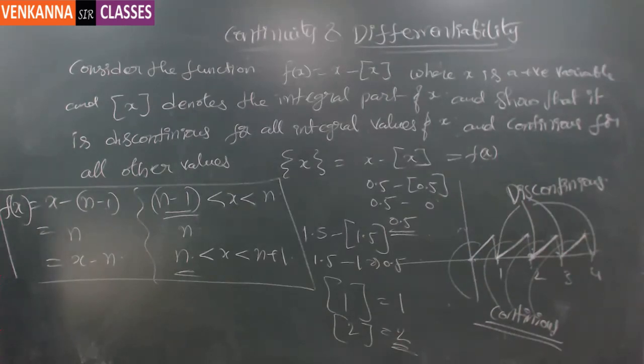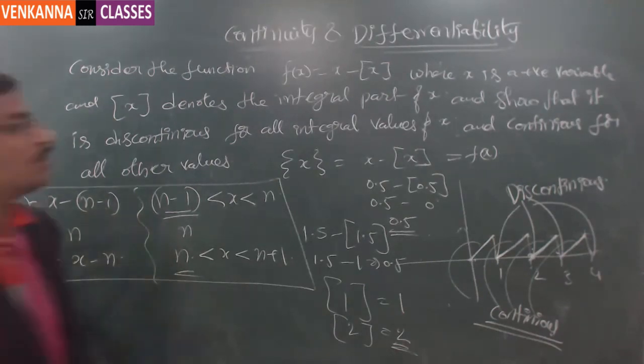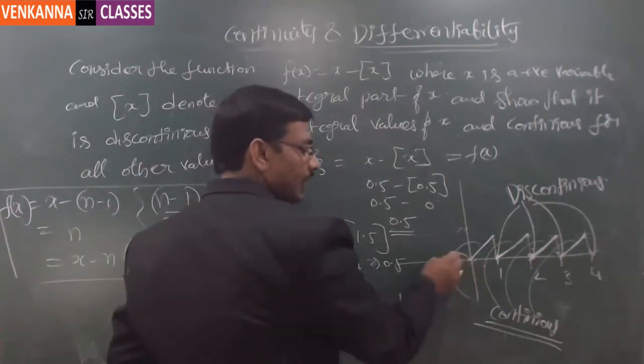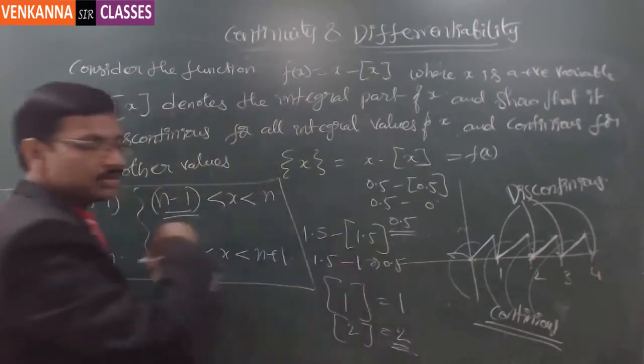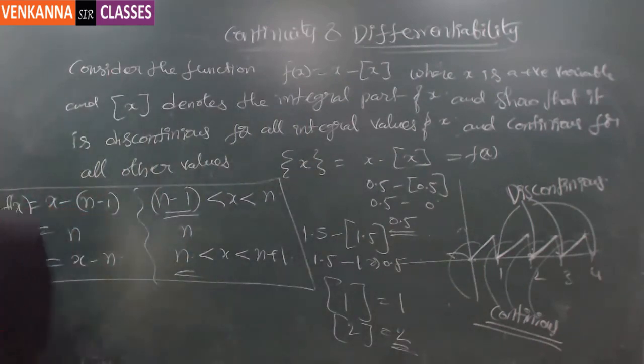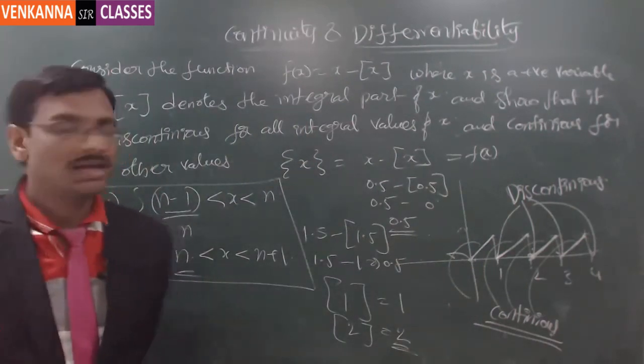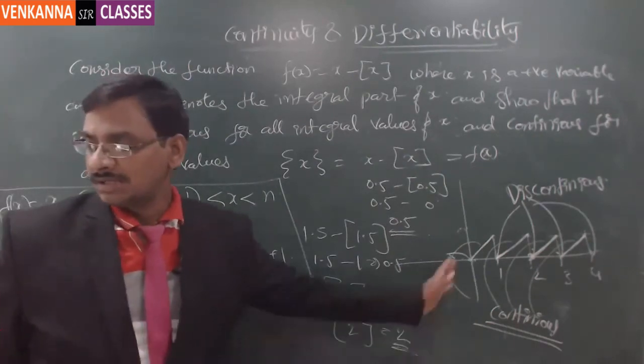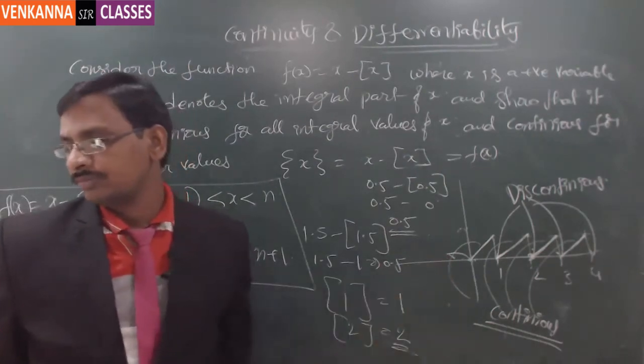At x is equal to 0, right? Here he said that x is always a positive number. So we don't know the information below this, that is, before that value we don't know the information. Without knowing the information, you will not be able to identify whether the function is continuous or not, because the left limit we don't know.